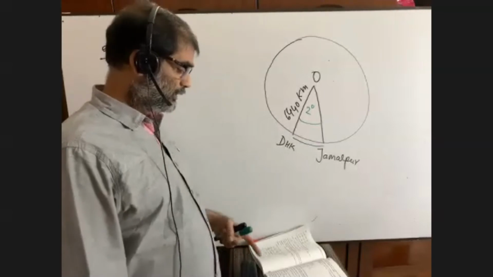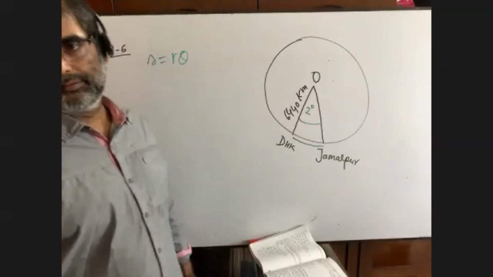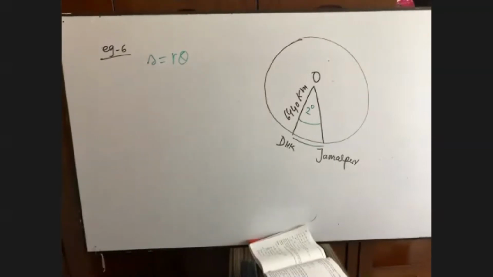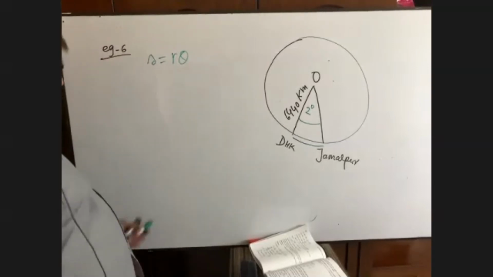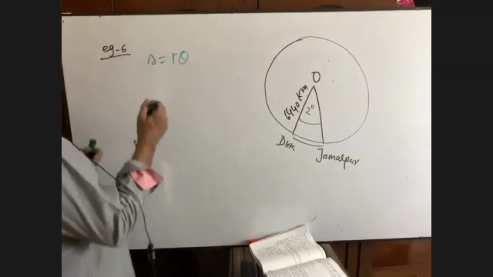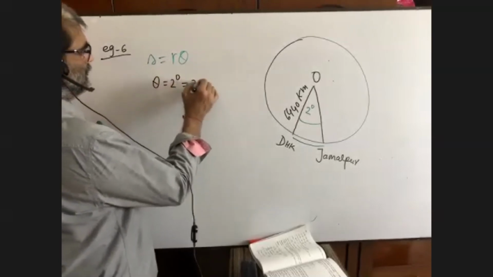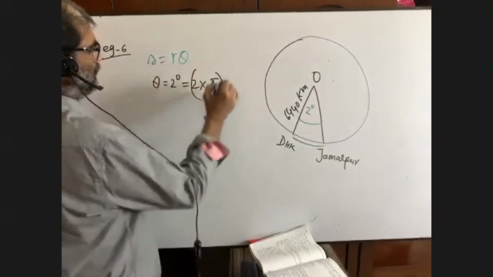Will I tell you or you will do? Here theta equals what? 2 degree. Pi by 180 radian.